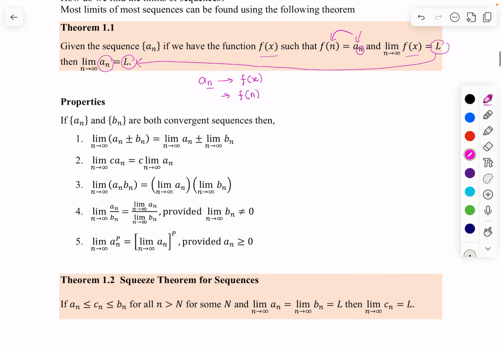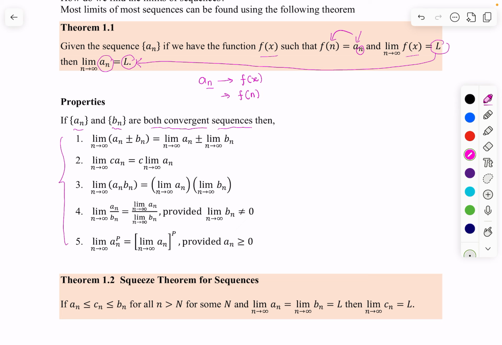So it says that if an and bn, these two both are sequences, two different sequences, and these two different sequences are both convergent sequences, then we can apply these 5 properties to make it easier for you to find the limit. This is actually the same as the properties for finding the limit of a function, but this is for the sequence.